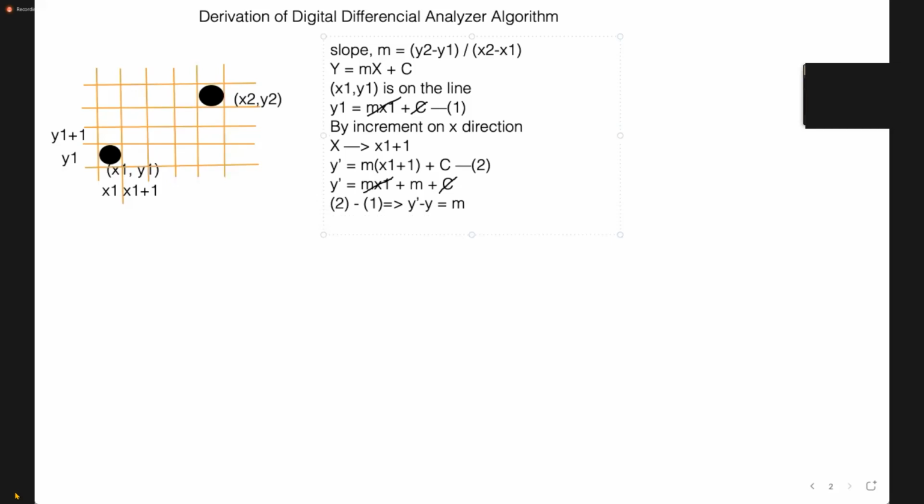Then ultimately we can write y dash, okay sorry this is not y1, y dash equals y1 plus m, y1 plus m. Okay now, suppose this is the next second point.